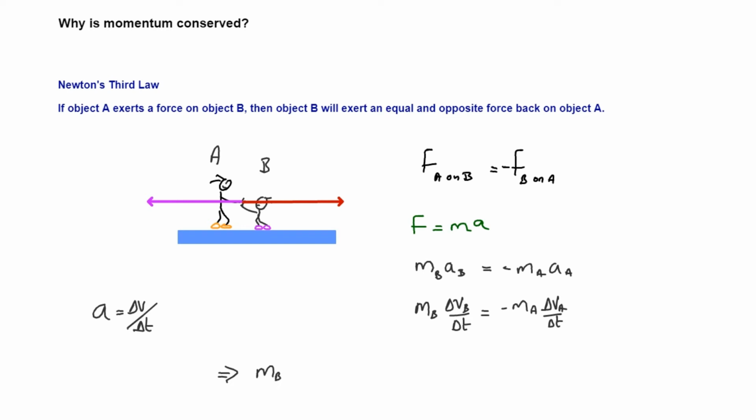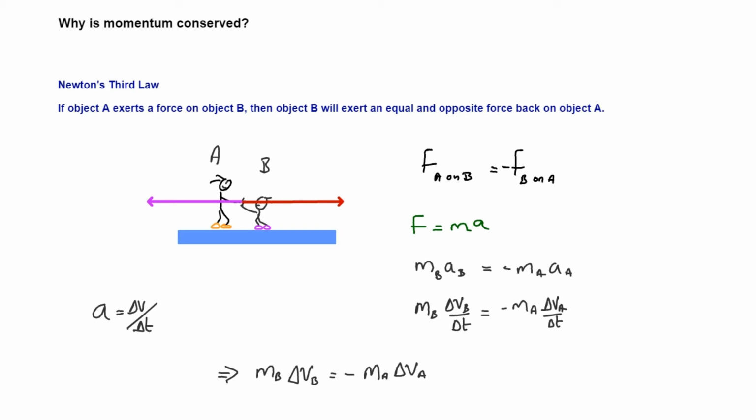I get that the mass of object B times the change in velocity of object B is equal to minus the mass of A times the change in velocity of object A. If we look closely at that, we can see something interesting. The mass times the change in velocity must be the change in momentum. The mass hasn't changed, but the velocity has.